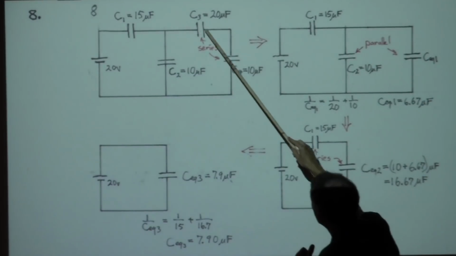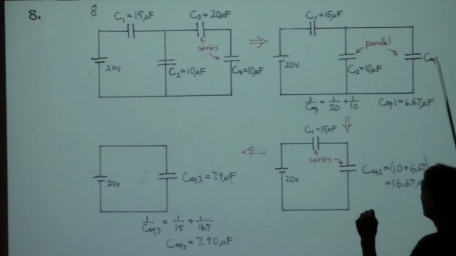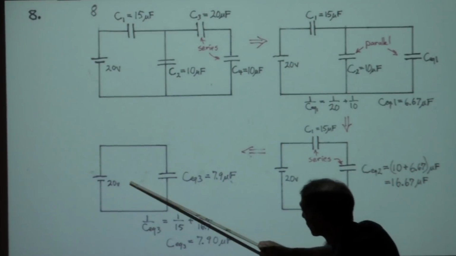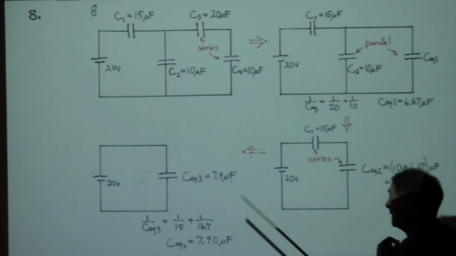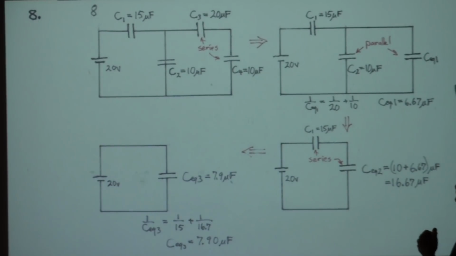Just combining these two. What I'm going to do is keep simplifying until I get a real simple picture, and then I'm going to work backwards to actually answer the question. That's why it's good to lay these out and not cut too many corners, because it's easy to drop some term.